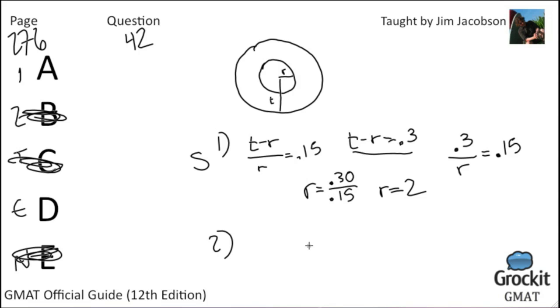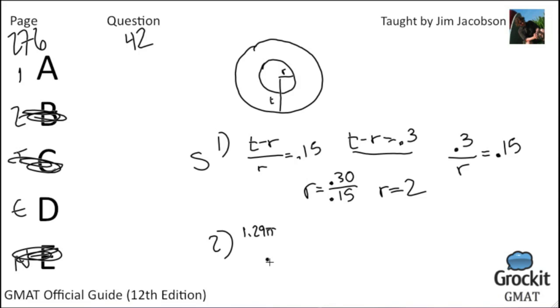Anyway, statement 2: the area of the concrete in the cross section is 1.29 pi square feet. That area of the cross section would be the area of the outer circle minus the area of the inner circle.